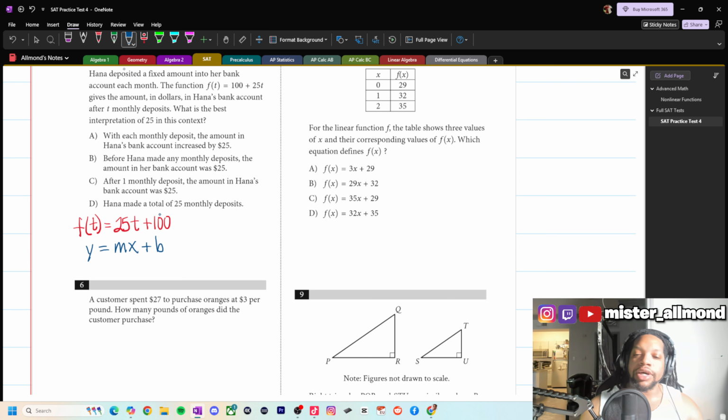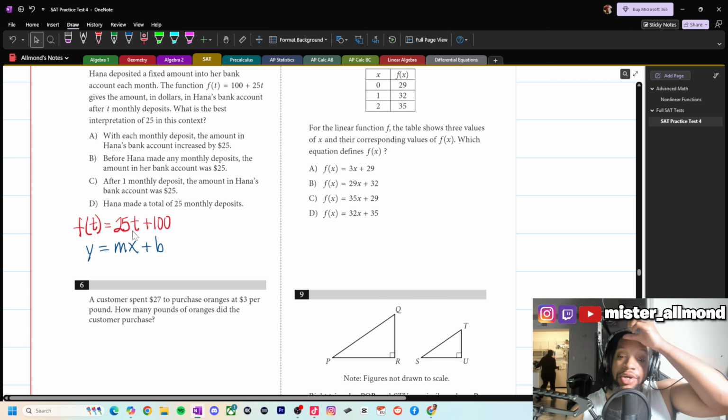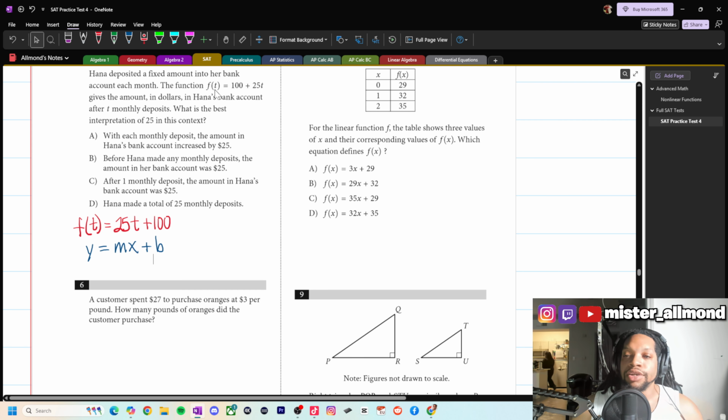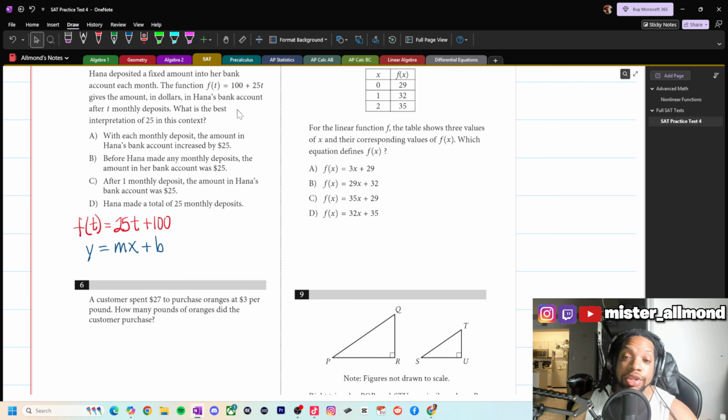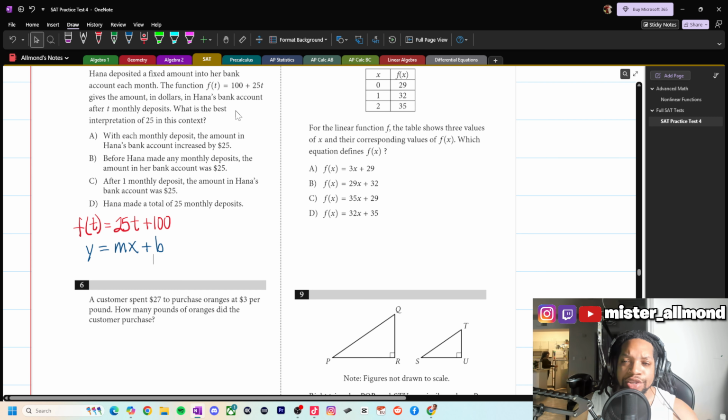If you're able to match that up, you can just compare the 25 to the m, and so you know that's a rate of change. And then they're talking about an amount of dollars. So without even looking at the answer choices, you should expect to see something like the rate at which her dollar amount is going up per month. Or it should say something like she's adding $25 a month.